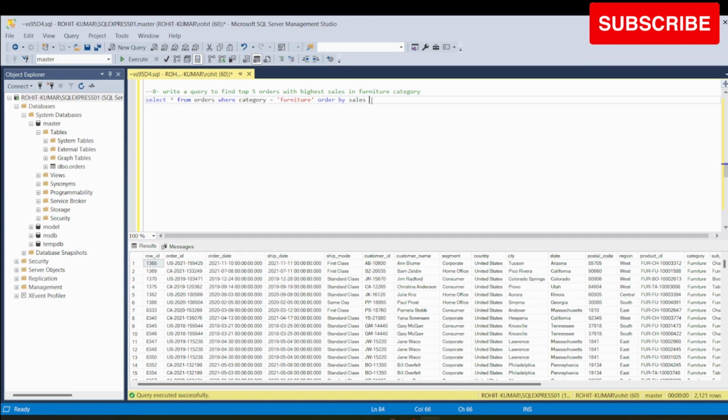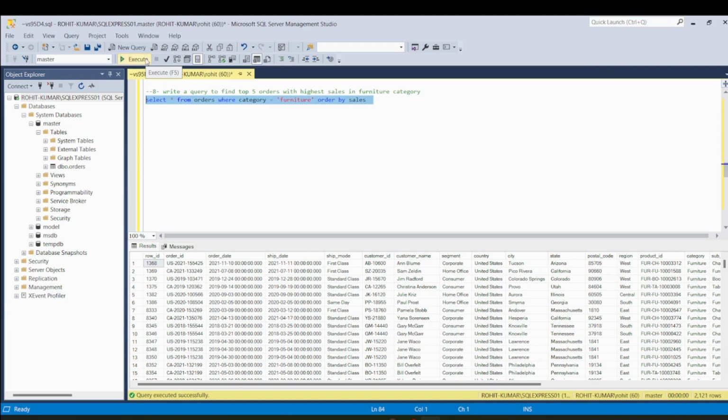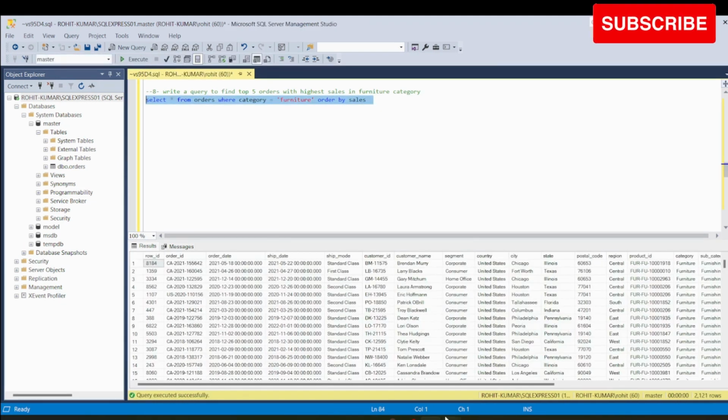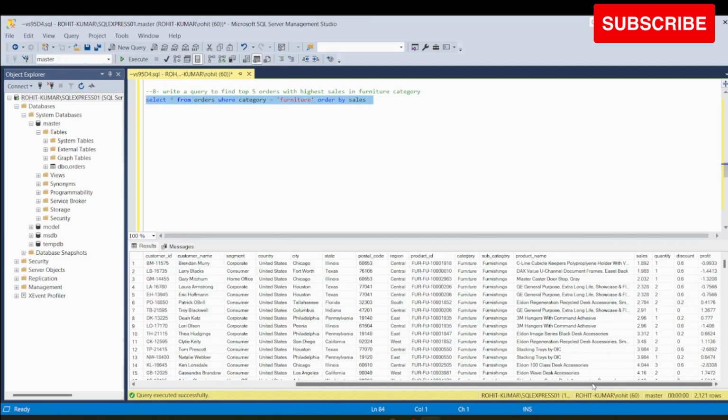Let's run this, then we will get to know whether by default the server uses ascending or descending order. Let's execute this. If you see, it's using ascending order by default instead of descending order. So as the system is using ascending order as a default, we have to mention descending because we have to find the highest sales. So let's execute this.